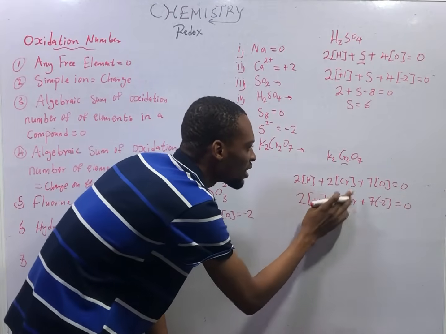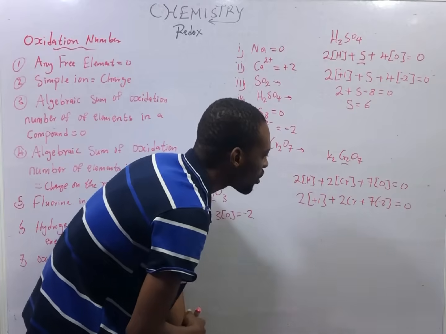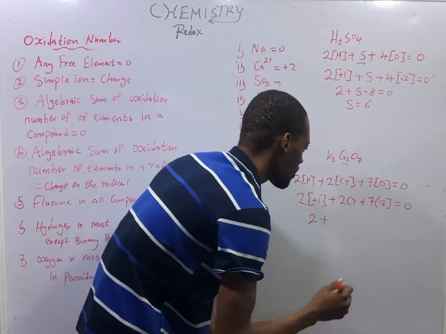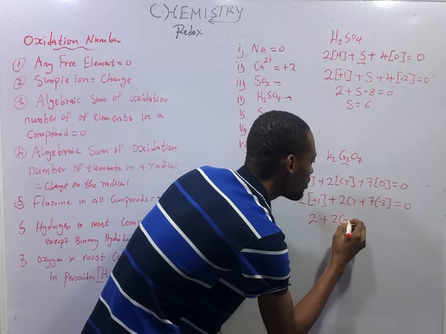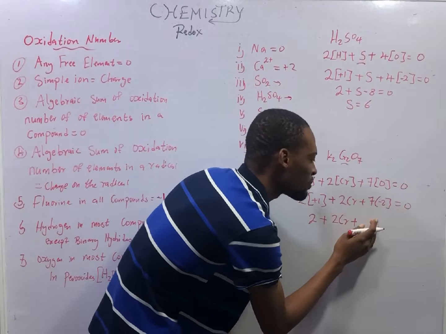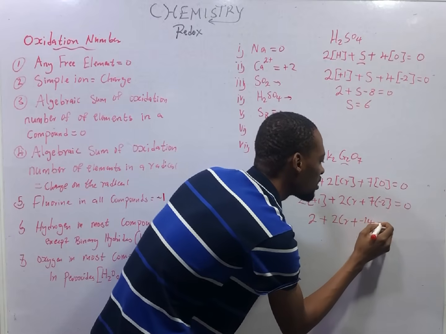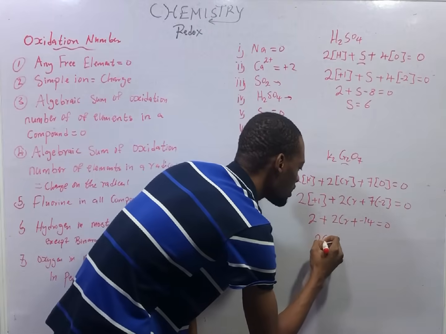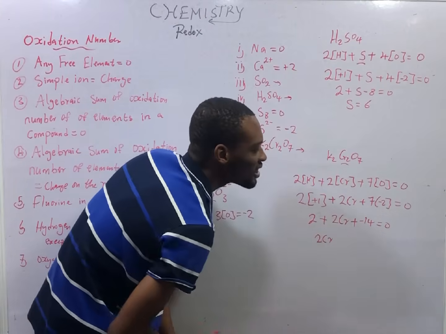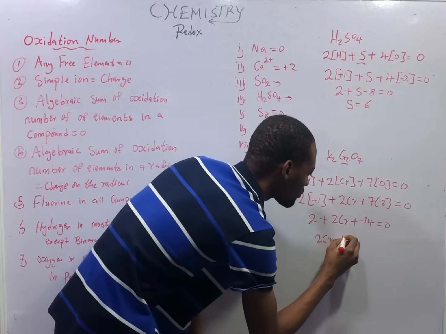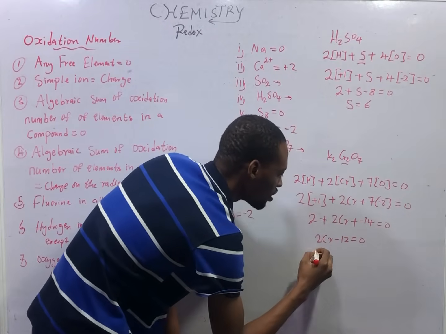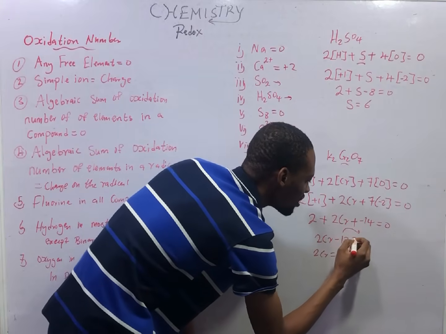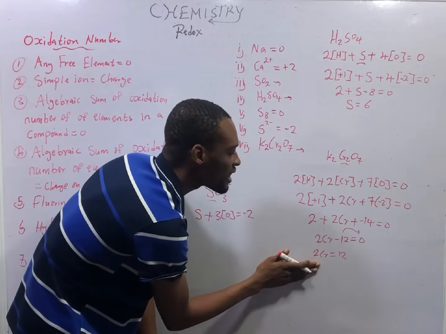We are looking for chromium and there are 2 chromium atoms. So 2 times +1, that is 2, plus 2Cr plus 7 times -2, that is -14, equals 0. Therefore, 2Cr, 2 minus 14, that is -12, equals 0. 2Cr is equal to 0 plus 12, that is 12. Now, we have 2Cr equals 12.